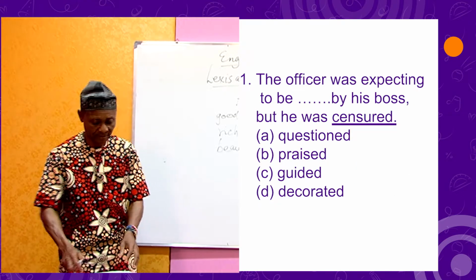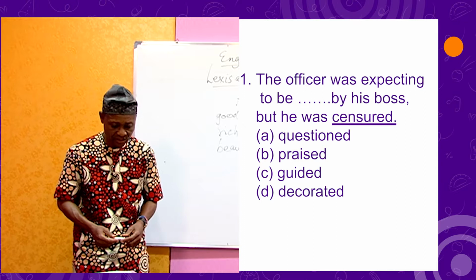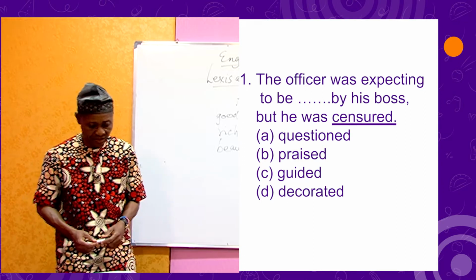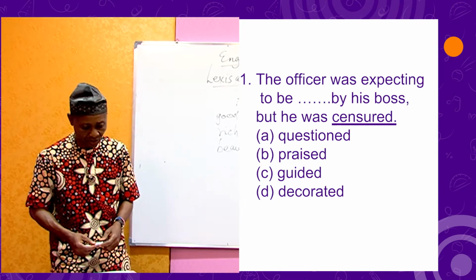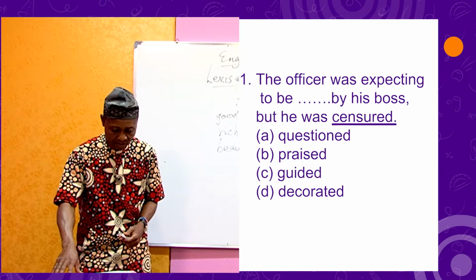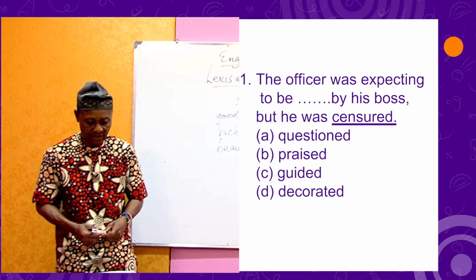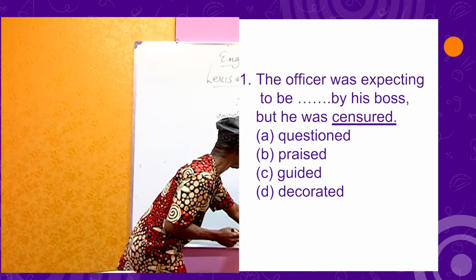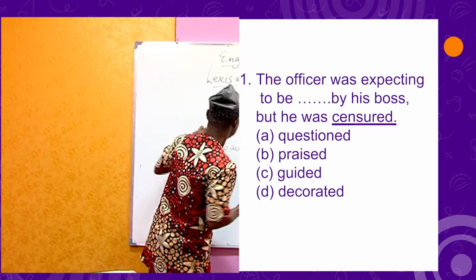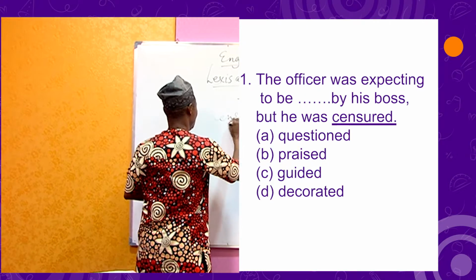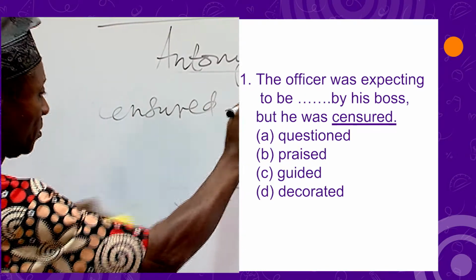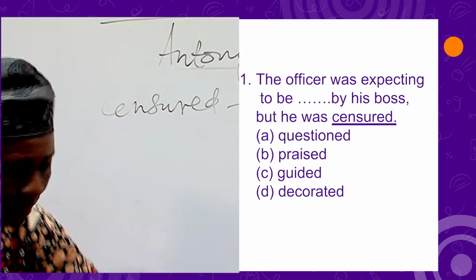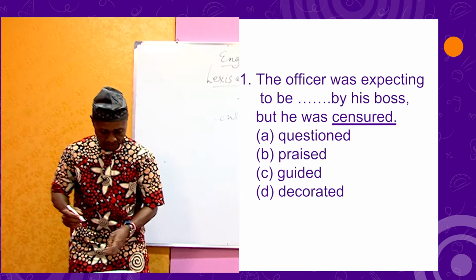Question number 1. The officer was expecting to be dash by his boss, but he was censured. The underlined word in that sentence is censured. Now we want to look at the options.